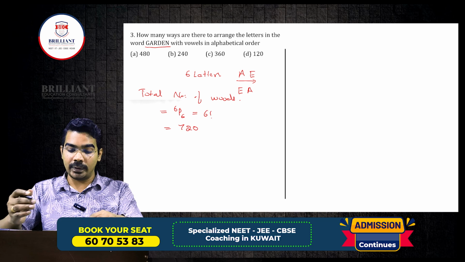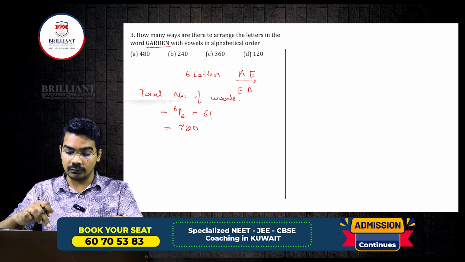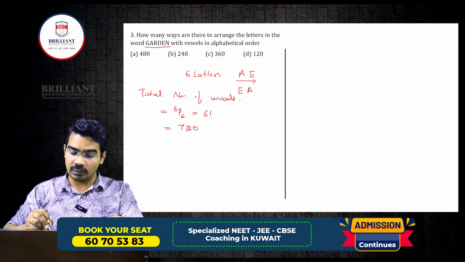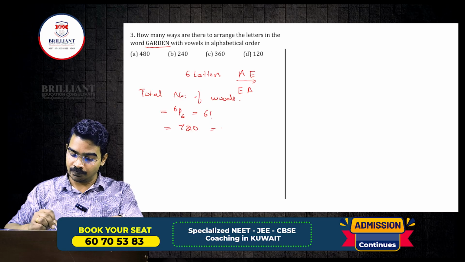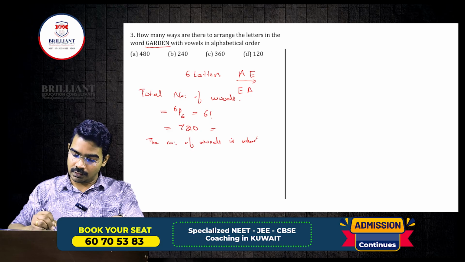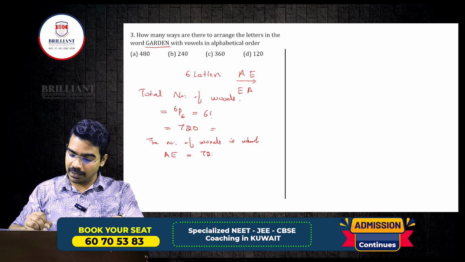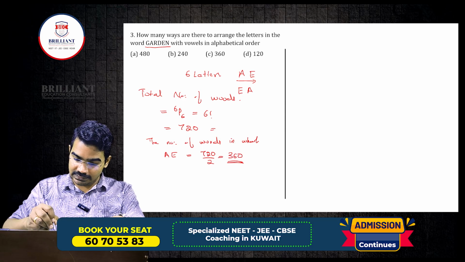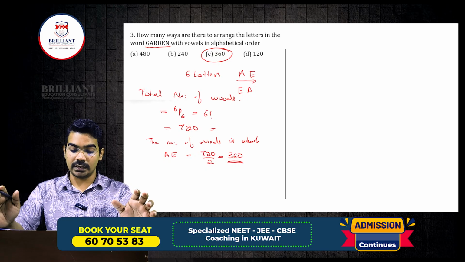The question is how many words will have the vowels in the alphabetical order. So it will be half of this, 720 by 2, that is 360. So option C is our right answer, 360.